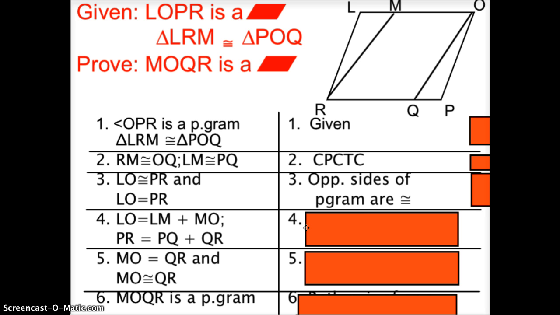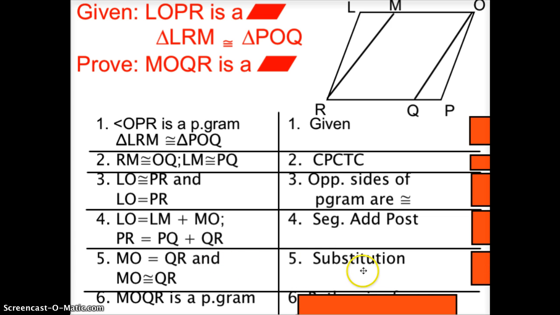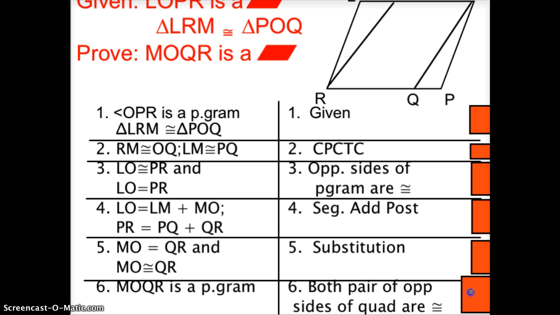From there, you added LO equals LM plus MO, with PR equaling PQ plus QR, as the segment addition postulate. MO and QR are congruent using substitution. And finally, MOQR is a parallelogram because opposite sides of a quadrilateral are congruent.